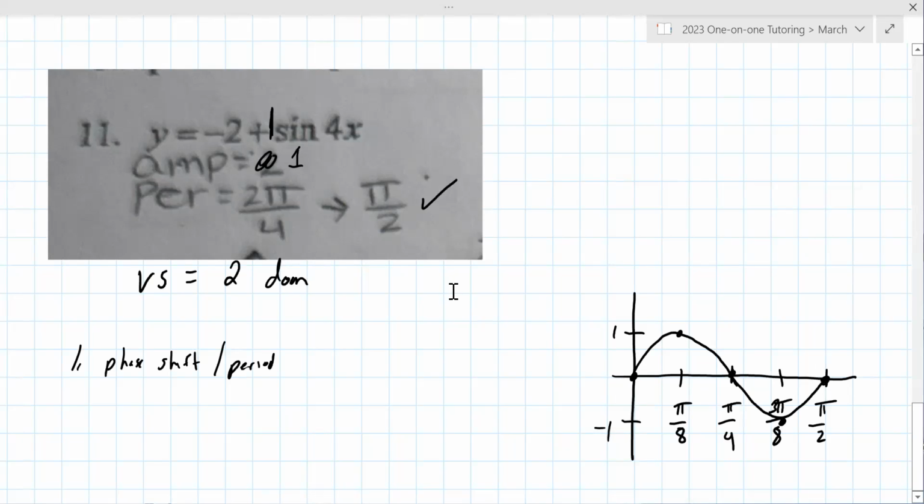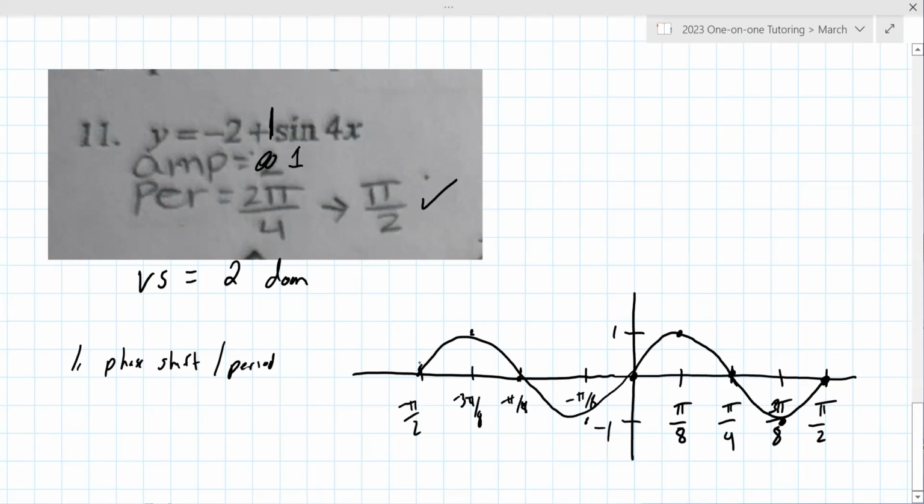Now you unfortunately have to go both positive and negative. There is symmetry, at least when it starts at 0. So it's minus pi over 8, minus pi over 4, minus 3 pi over 8, minus pi over 2. And there is symmetry. So it goes down, comes back up.